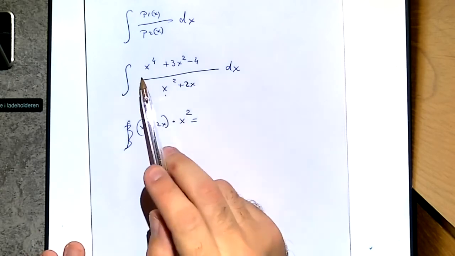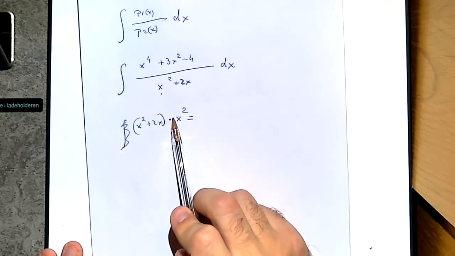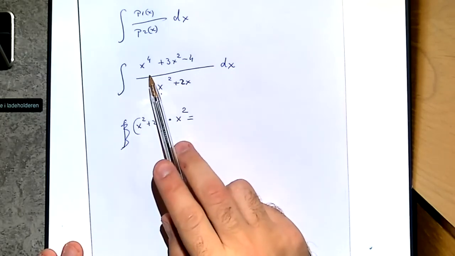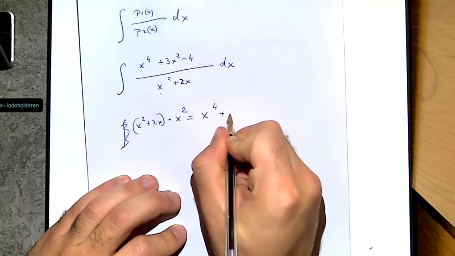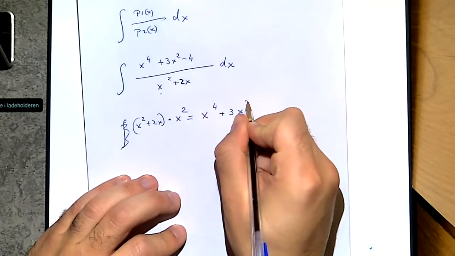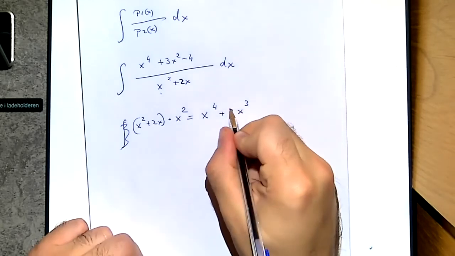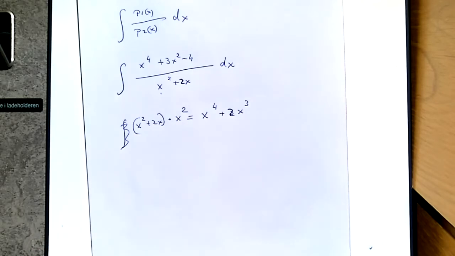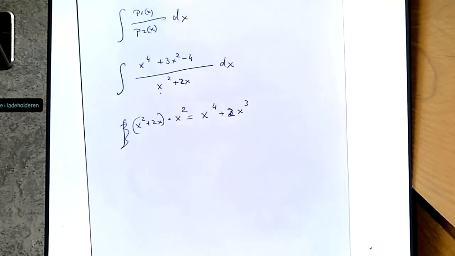In my case, it's x to the fourth. I have an x squared here, so I multiply with an x squared, just so I get the x fourth. So in this, I get x to the fourth plus 2x to the third. No rocket science happening here.